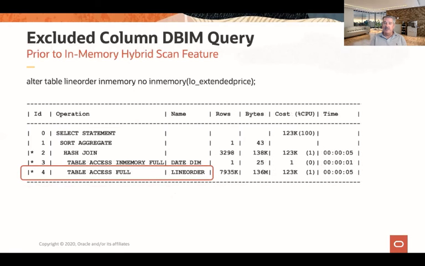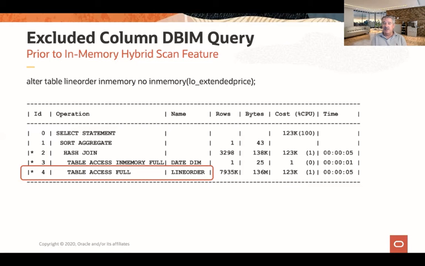When we exclude the column in 19c, prior to the in-memory hybrid scan feature being available, we're going to exclude the LO_EXTENDEDPRICE column, but we're still going to run the same query, and that column is in the select statement. Look what happens. We get a TABLE ACCESS FULL of the LINEORDER table. So now we can't take advantage of the other columns that are populated in the column store.